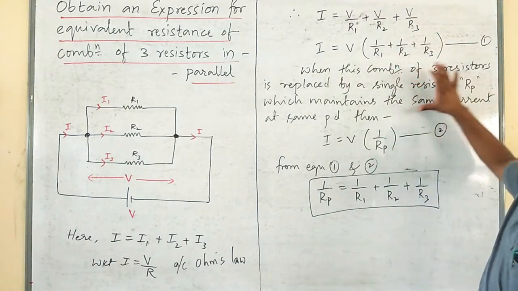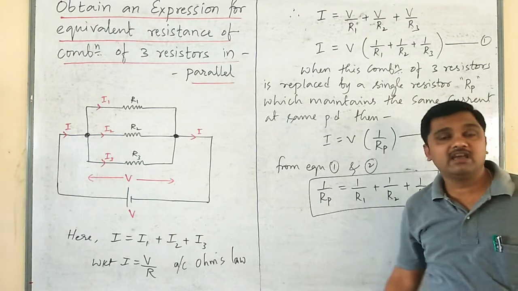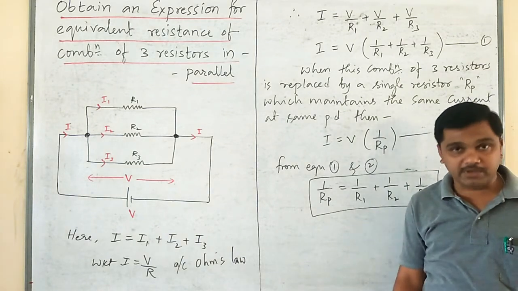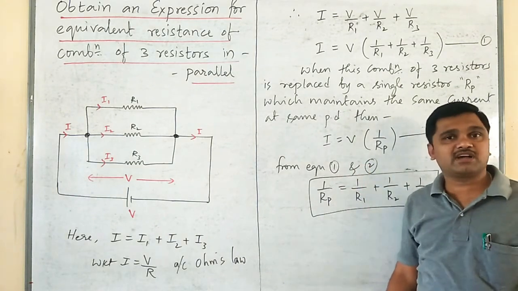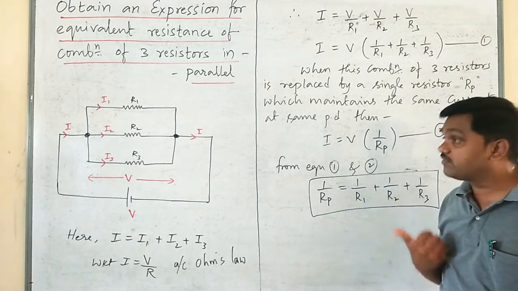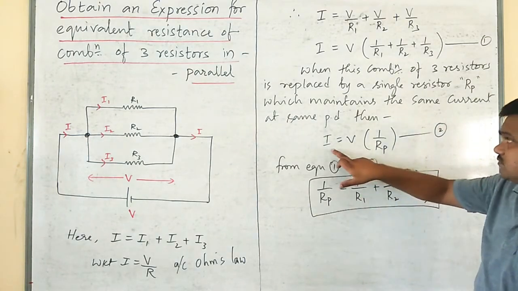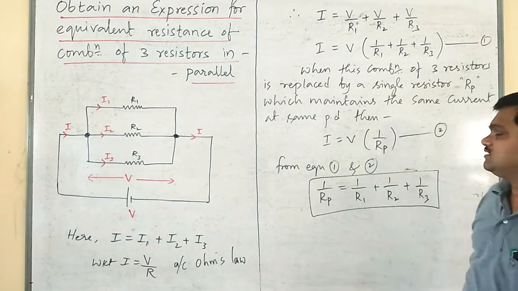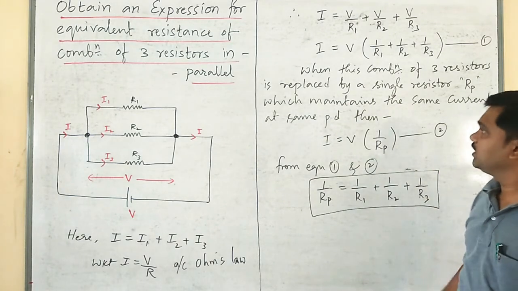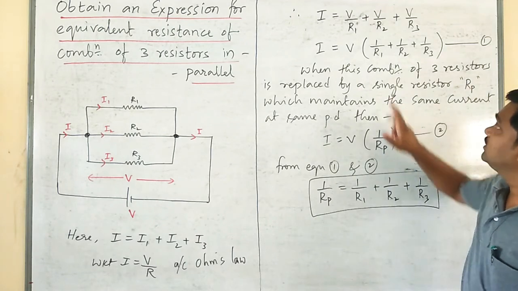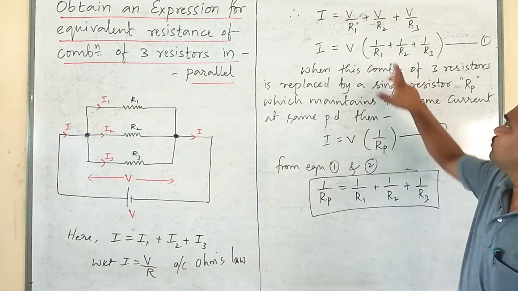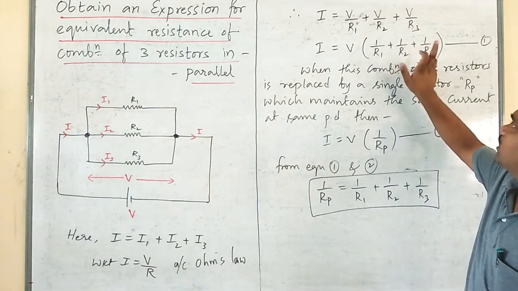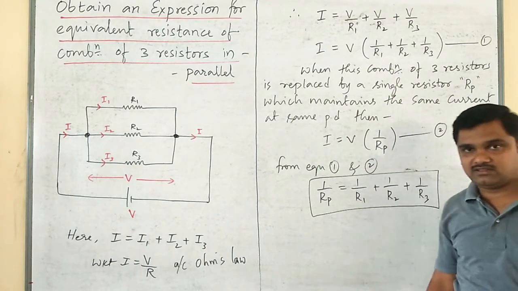When this combination of three resistors is replaced by a single resistor called RP, which maintains the same current at the same potential difference, then I is equal to V into 1 by RP. Call it equation number 2. From 1 and 2, it is clear that in place of 1 by RP, we have 1 by R1, 1 by R2, 1 by R3.